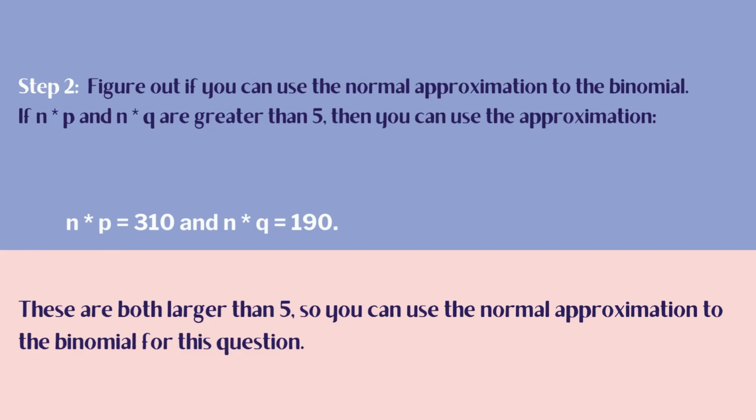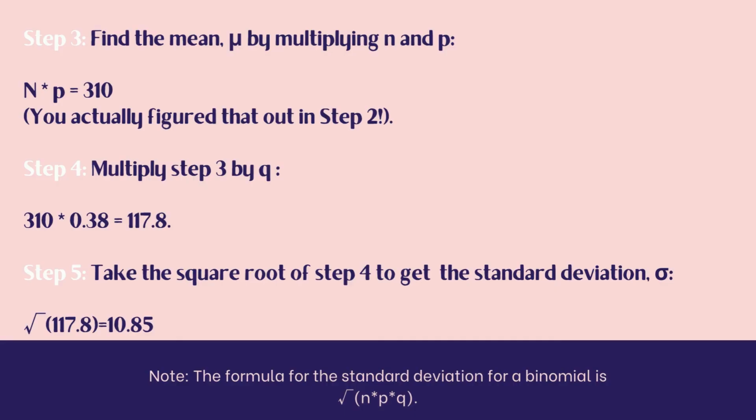These are both larger than 5, so you can use the normal approximation to the binomial for this question. Step 3. Find the mean by multiplying n and p. n multiplied by p equals 310. You actually figured that out in step 2.